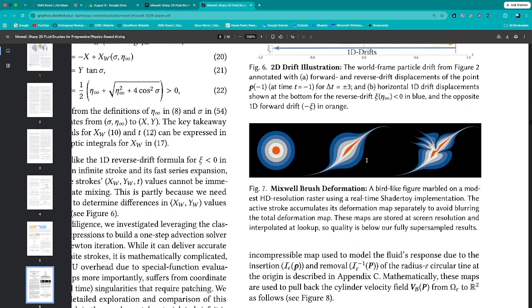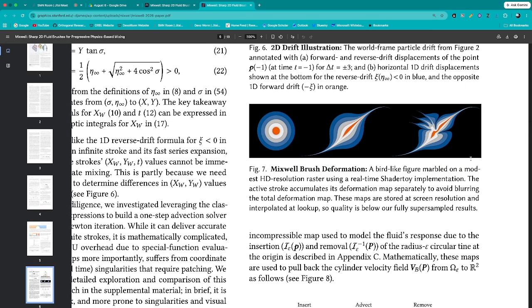They show the Mixwell brush deformation, which is in figure 7. This is a bird-like figure marbled on a modest high-dimensional resolution raster using a real-time shader toy implementation. So this is going from this cylinder to this bird-like figure by this process.